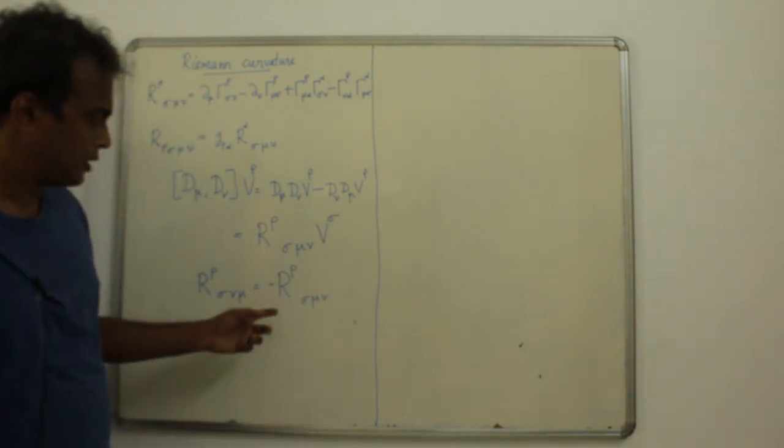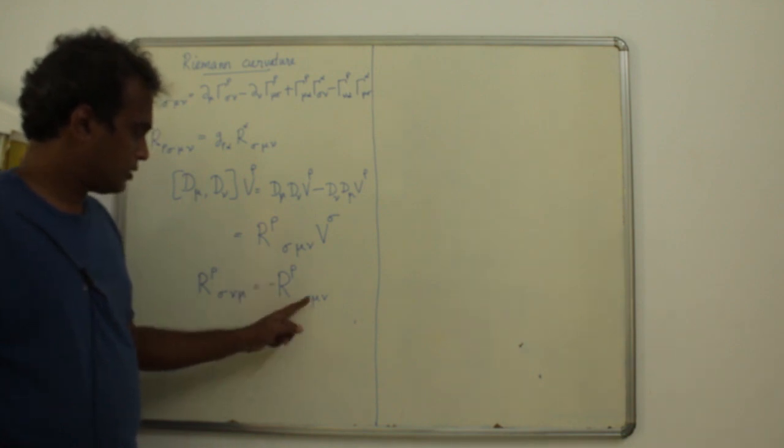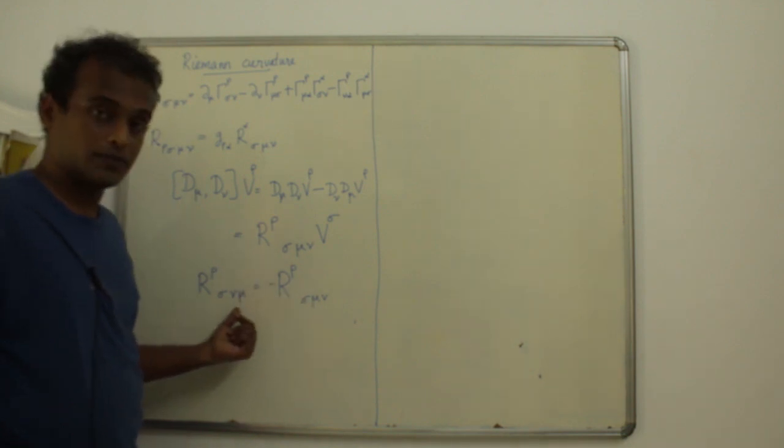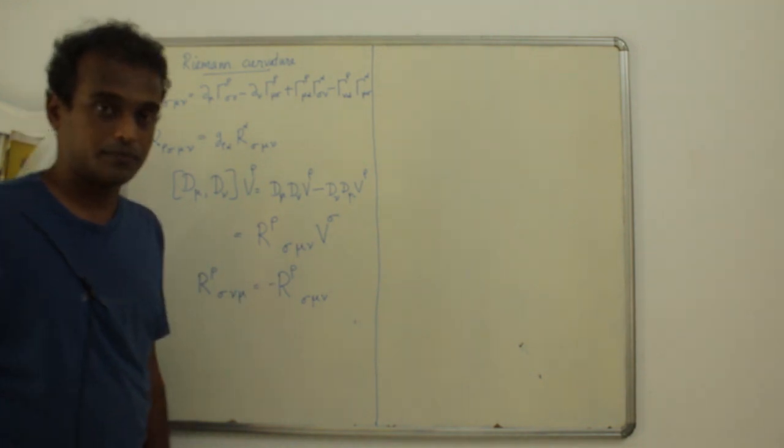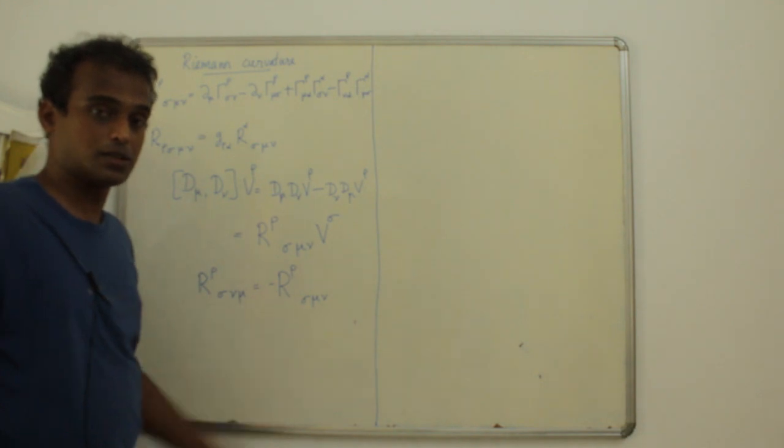You get the component of the tensor with the reverse order of the last two indices with a negative sign, which tells us that this is antisymmetric in its last two indices.